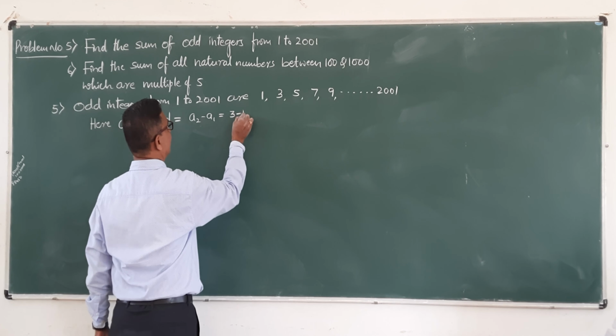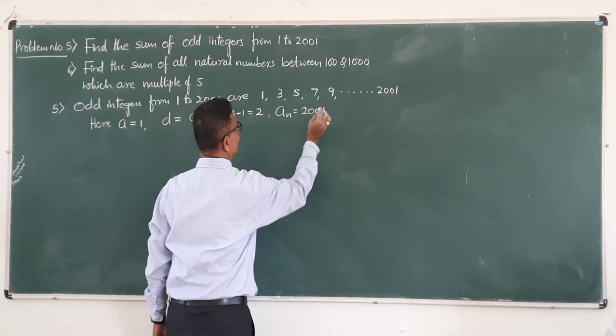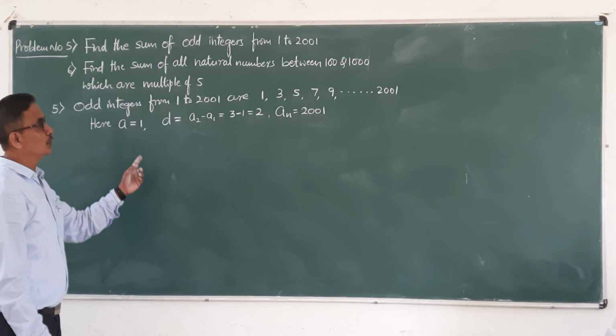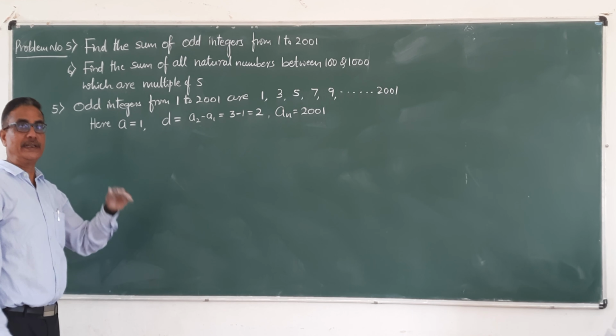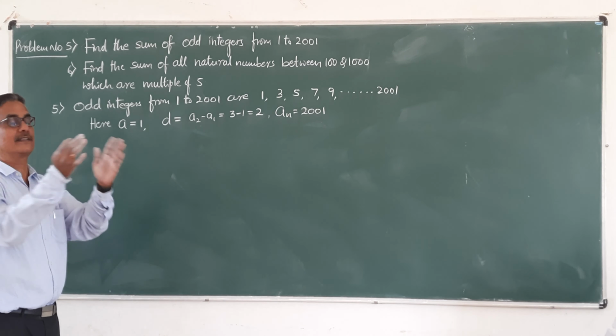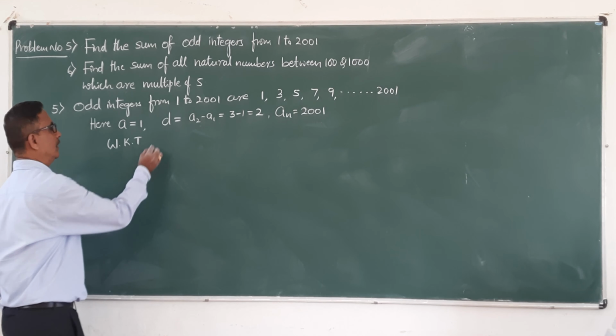Now this 2001 is the last term. That last term is denoted by an or tn, right? Now first to find number of terms, after that to find the sum. So we know that to calculate number of terms, you know the formula.